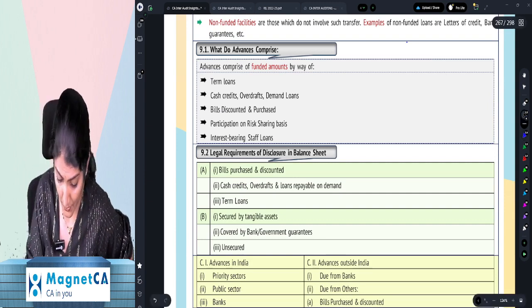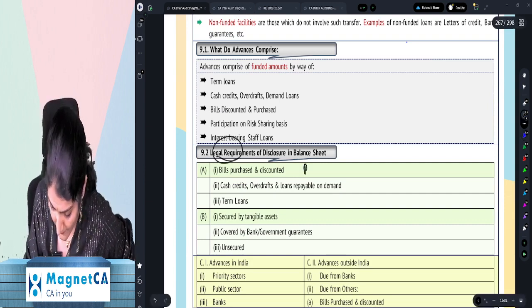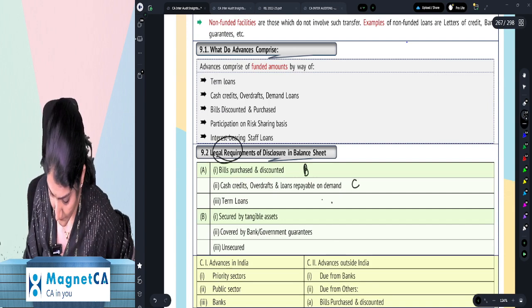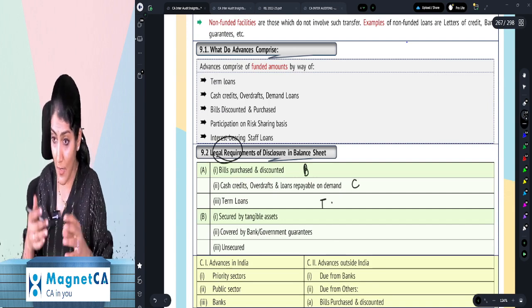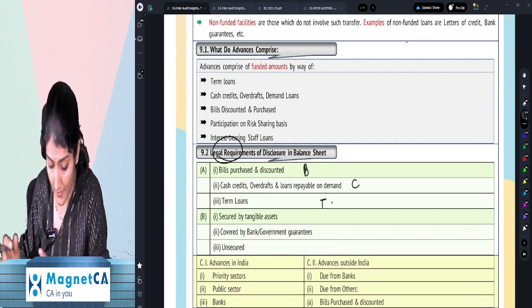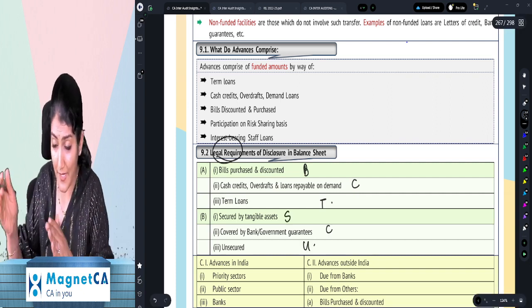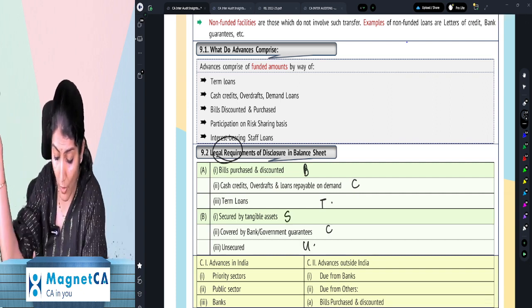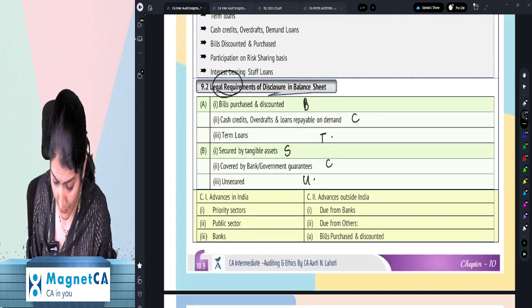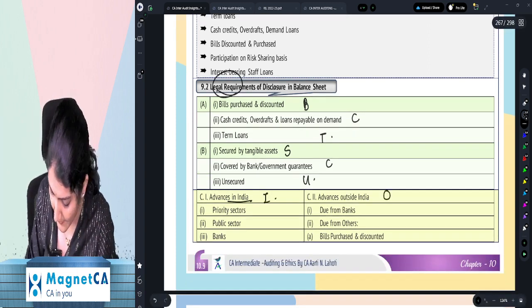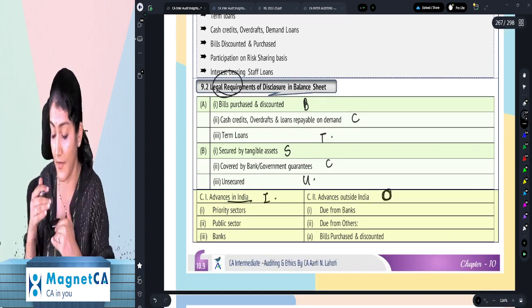BCT, SCU. What is the legal requirement for the disclosure? BCT: bills purchased discounted, cash credit, OD, ROD, term loan. Then you have the SCU, secured by tangible assets, covered by bank government guarantee, and the unsecured. And then you have the advances in India and the advances outside India.